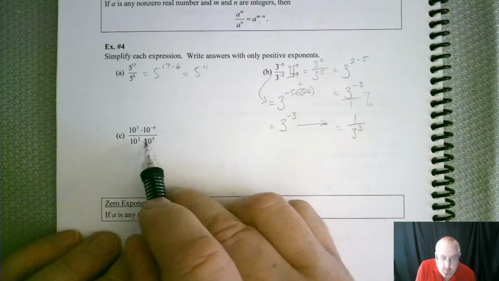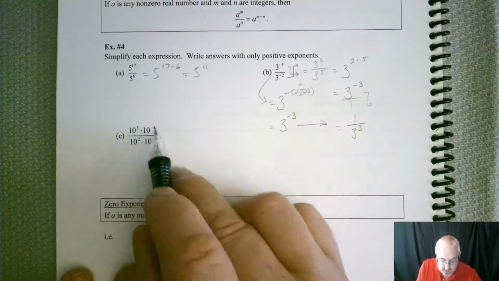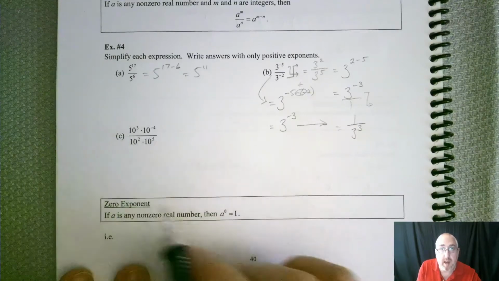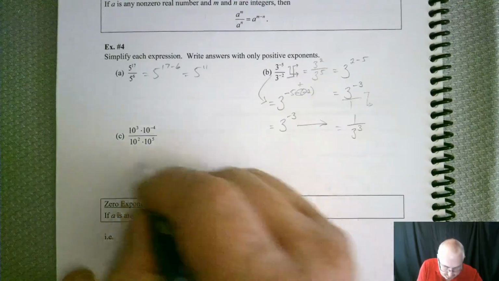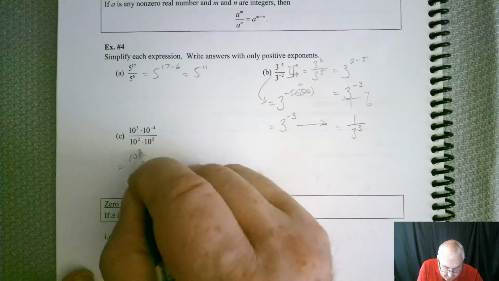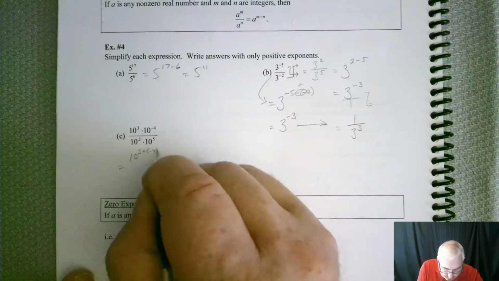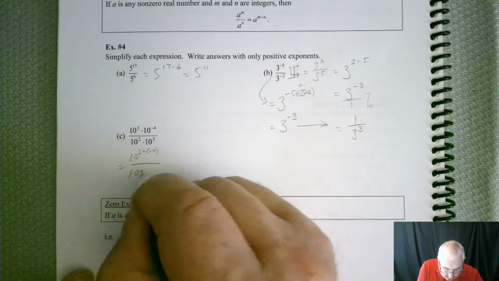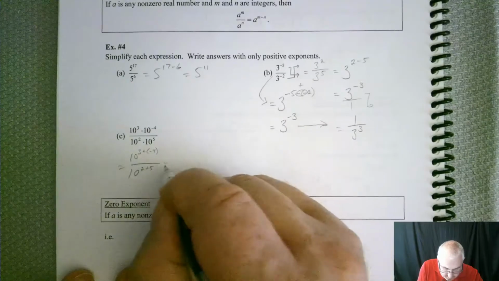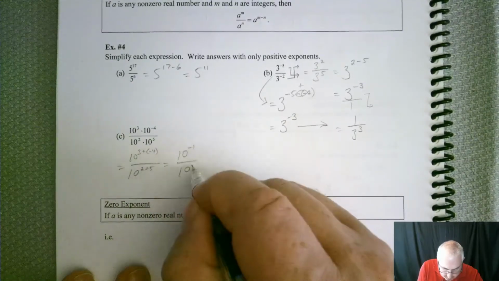But if you want, you can use the product rule first. So let's combine across on the top and the bottom and see what we get. On the top, you're going to have to add those exponents. So you got 3 plus negative 4. And on the bottom, you got 2 plus 5. So that better be 10 to the negative 1 over 10 to the 7.